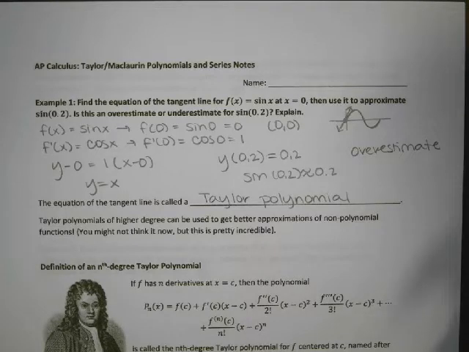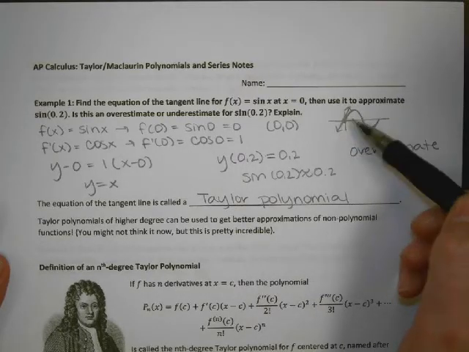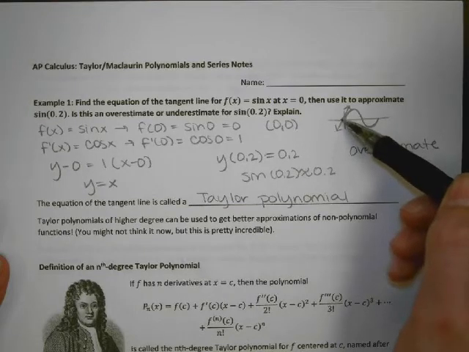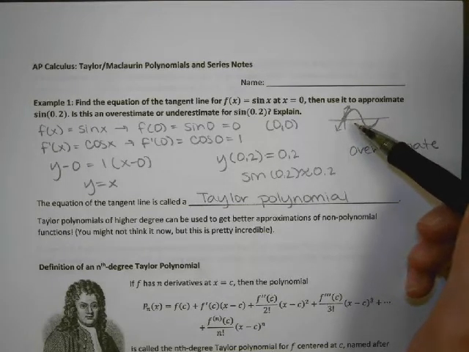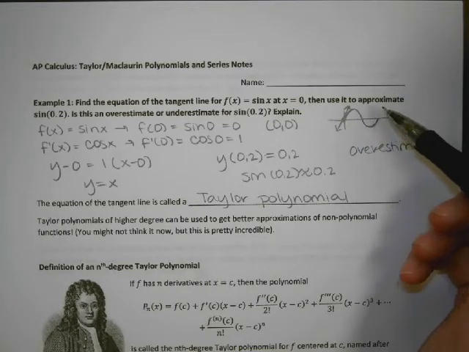Maybe we were doing a calculator inactive problem, so we couldn't check the actual value. The tangent line was a straight line, and anywhere close to where the curve intersected that tangent line, we could get a reasonably accurate approximation of the function at that value.